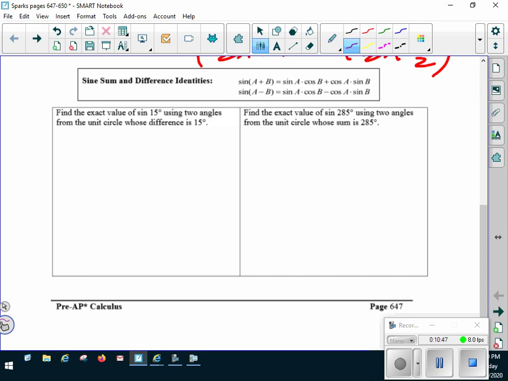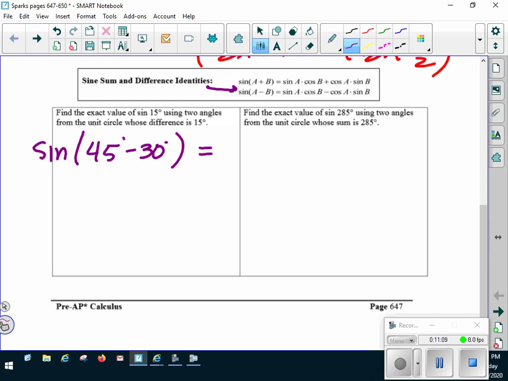So here's what I'm going to do. I'm going to use what Carlos said. I'm going to do 45 degrees minus 30 degrees. Now, you notice we got a minus in the middle, so we're going to use this one that's got the minus.